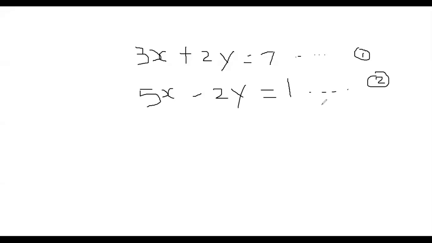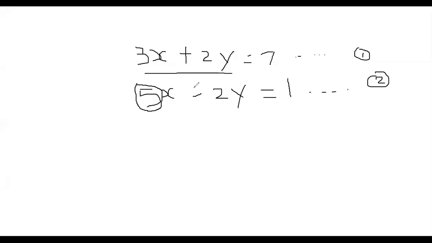We take the coefficient of x in equation 2. The coefficient is the number in front of it. So we take this number 5 and we multiply it throughout equation 1. So this is the first step.